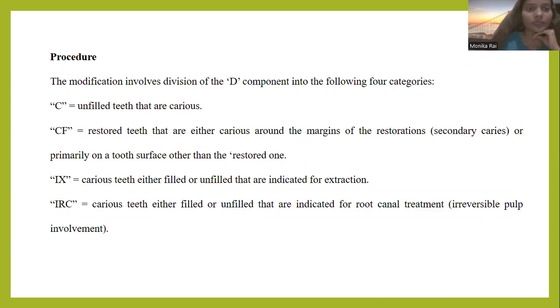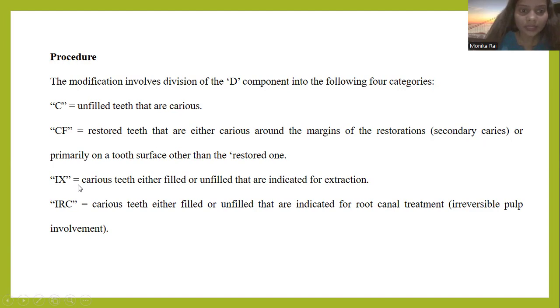So this is the procedure, and the modifications involve division of D component into four categories. First is C, unfilled teeth that are carious. In CF, we have restored teeth that are either carious around the margins of the restoration, secondary caries that I have told you earlier, which can reoccur due to failure of previous filling, or primarily on a tooth surface other than the restored one.